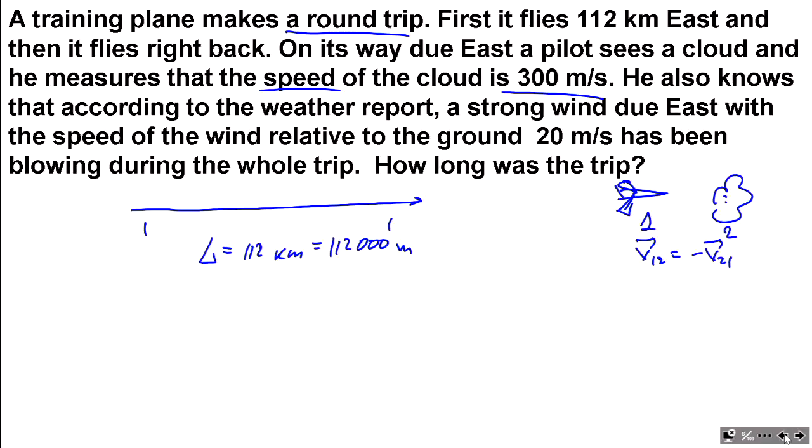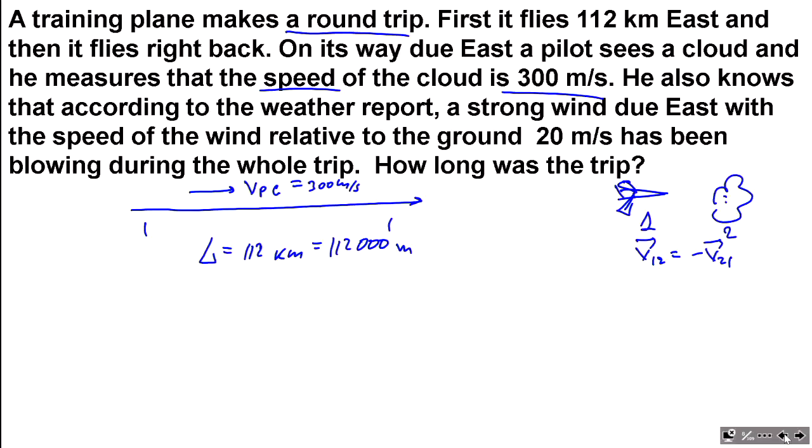So the velocity, because the plane travels east, the velocity of the plane relative to the cloud is 300 meters per second. And on its way east, the velocity points east.